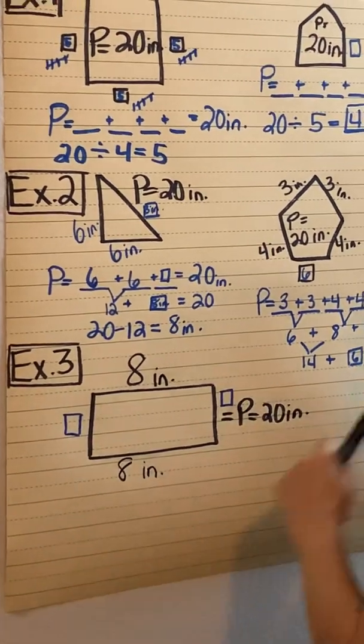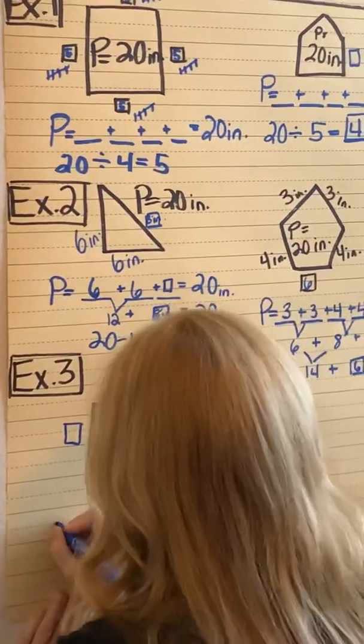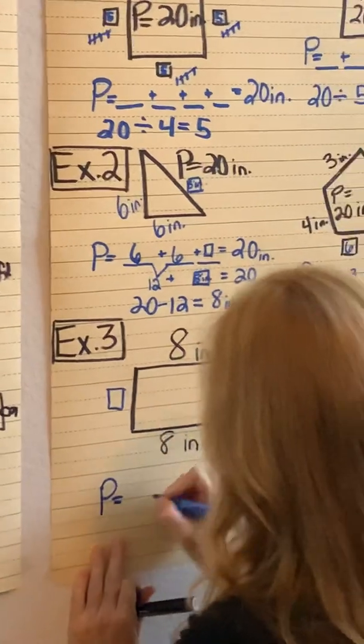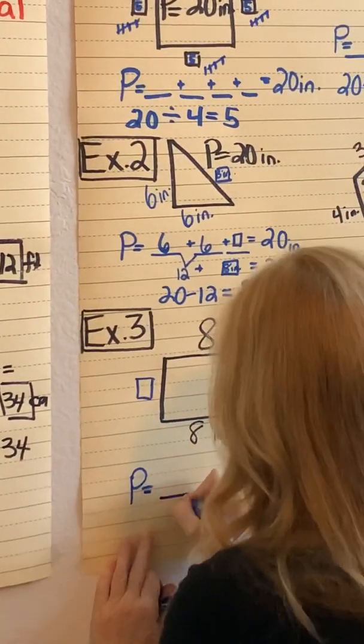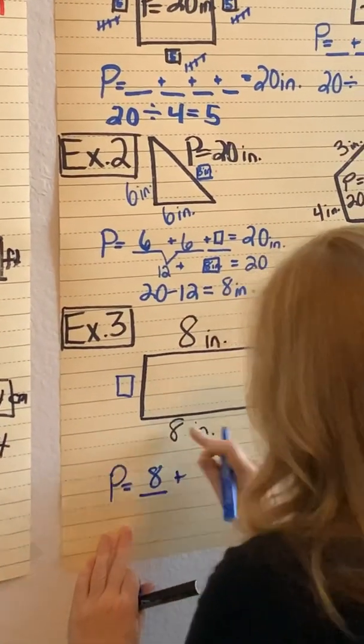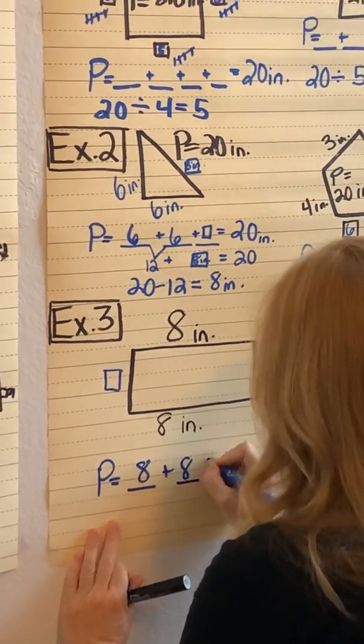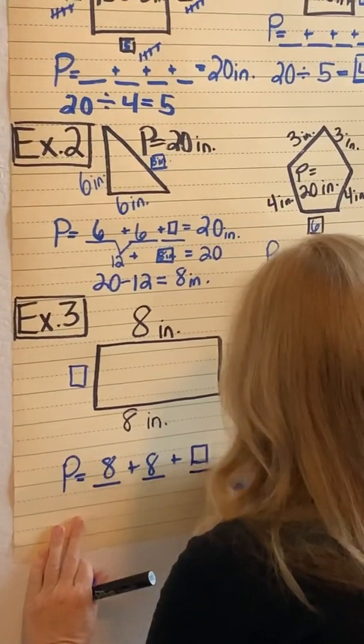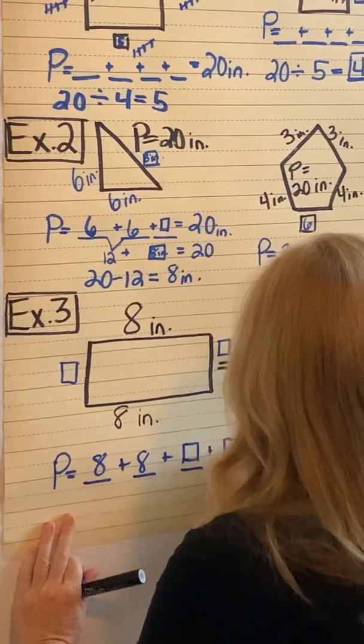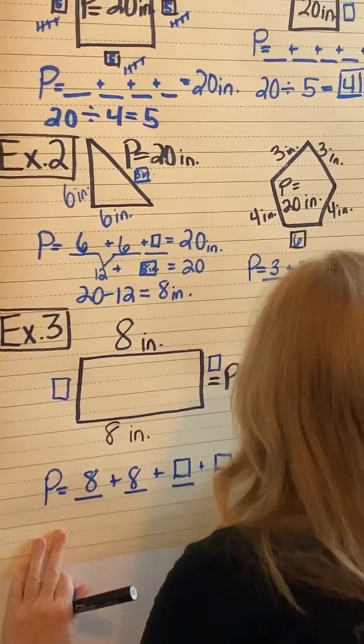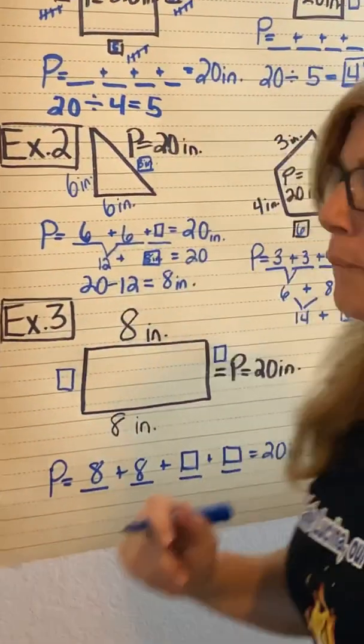So let's set up our perimeter equation. Okay, our perimeter equals, and we know 8, so we'll say 8 plus 8, we know those 2 side lengths, plus my unknown, plus my other unknown, and we have 20 inches. Okay, beautiful.